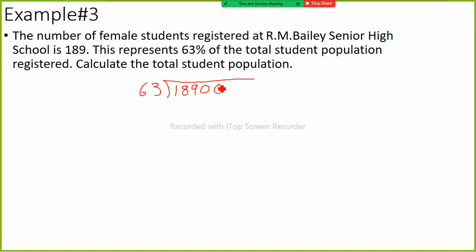Once you divide that, let me know what you get.